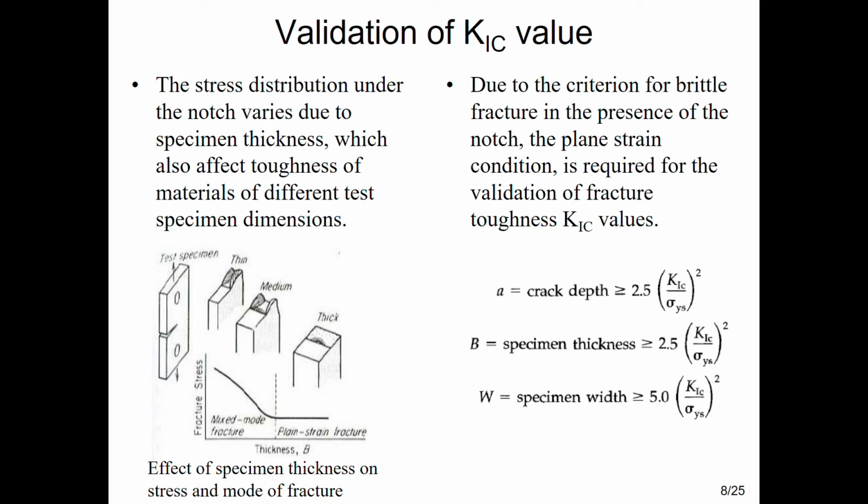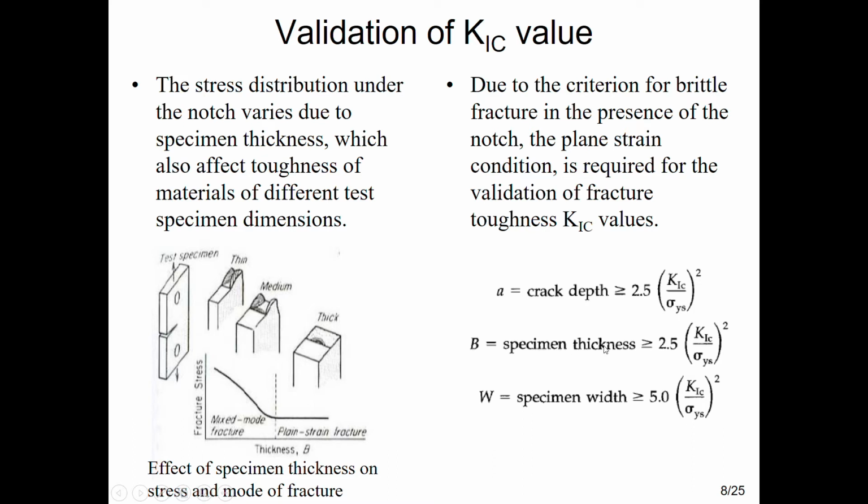Alright, due to the criterion for brittle fracture in the presence of the notch, the plane strain condition is required for the validation of fracture toughness K1C values, where a, we understand that one as the crack depth, must be more than or equal to 2.5 times K1C divided by the yield strength, not the square root, the square of this term.